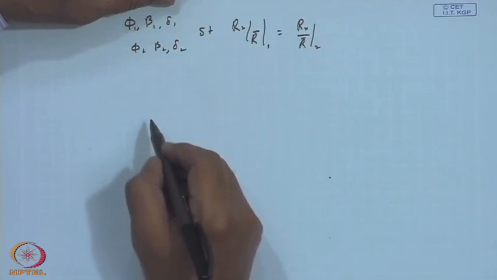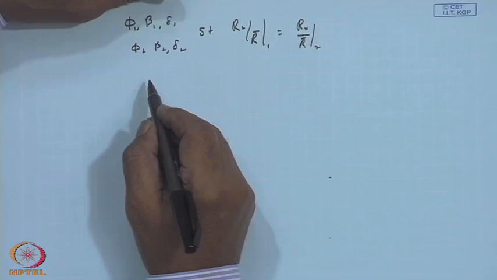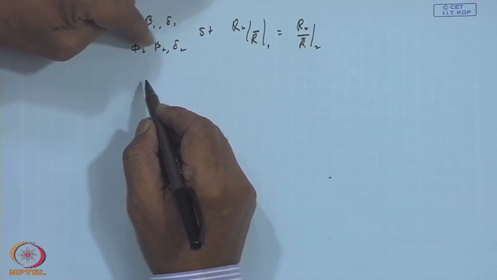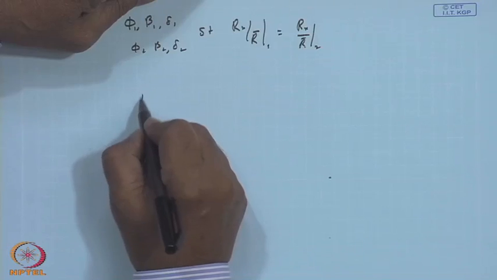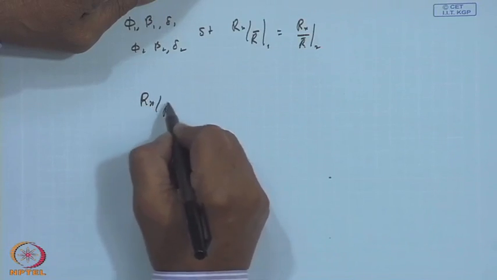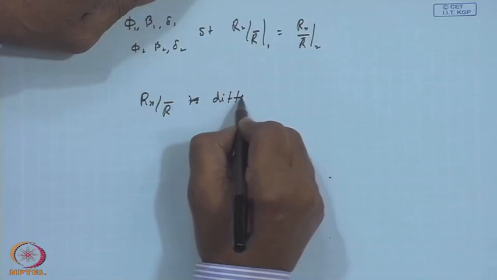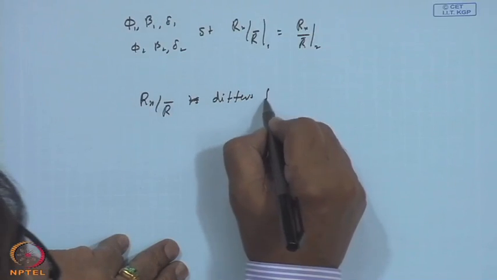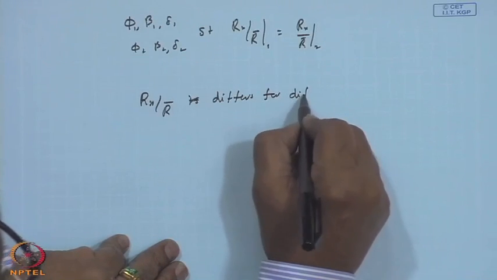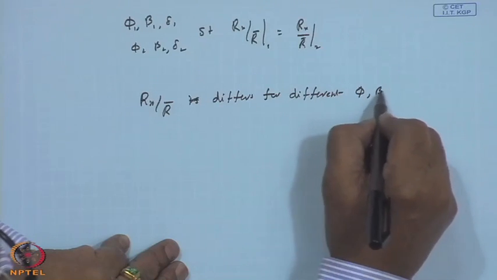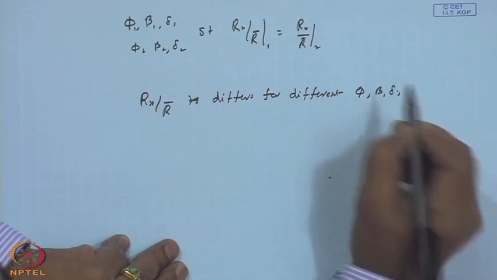So, if you examine a large number of sets of phi 1 beta 1 delta 1 and in general phi 2 beta 2 delta 2, R n by R bar differs for different phi beta deltas.